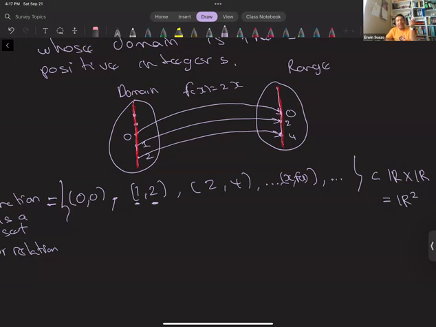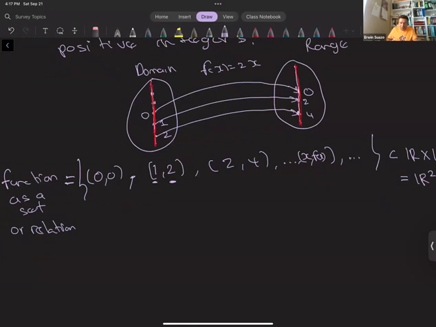But in calculus, we learn how to graph functions. So what we do is you put the domain here and you put the range here. Okay, so let's make the domain green. So this is my domain, and this is my range or codomain, right?